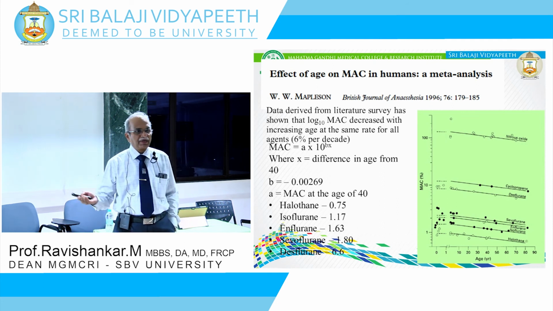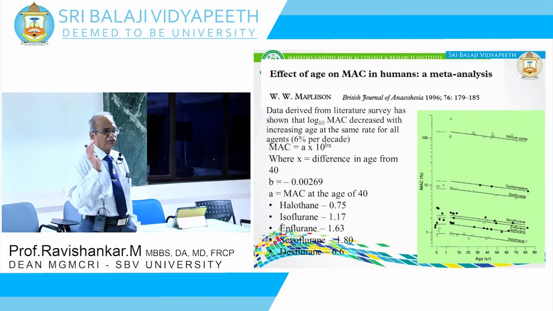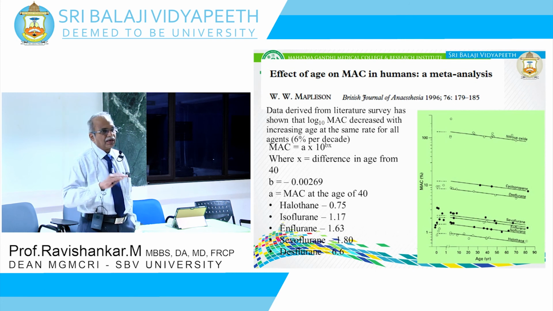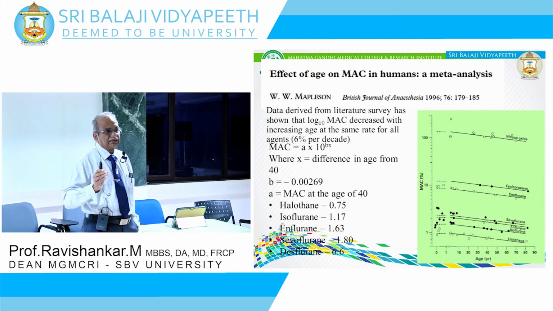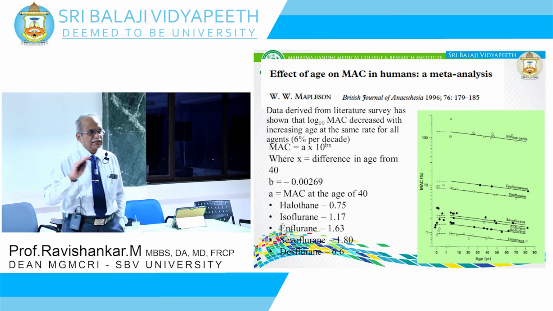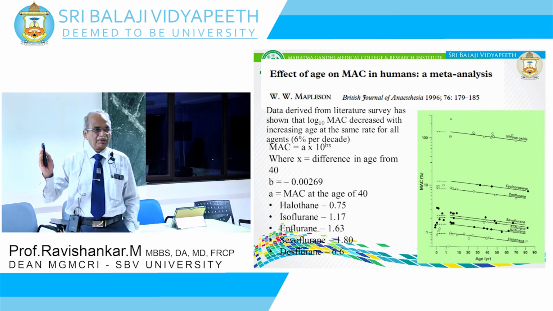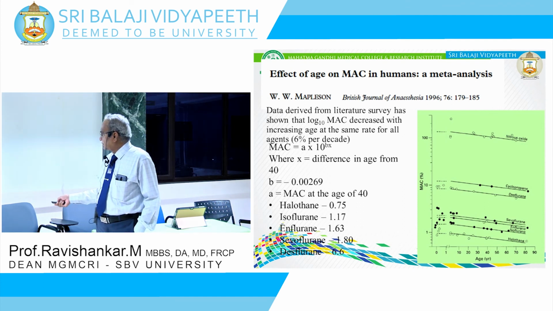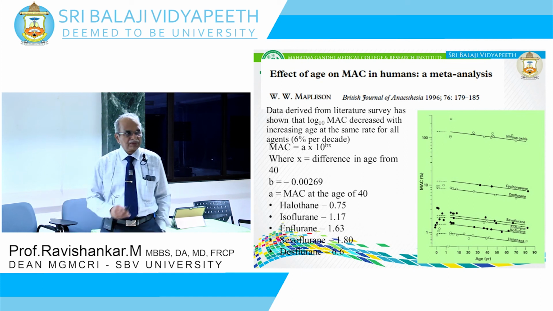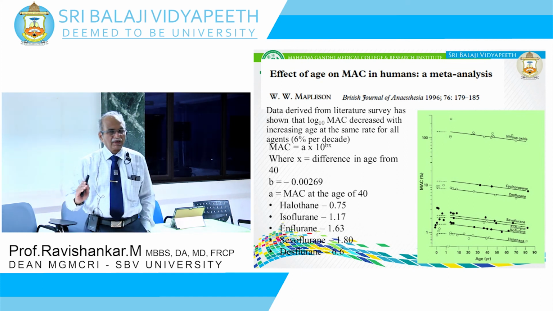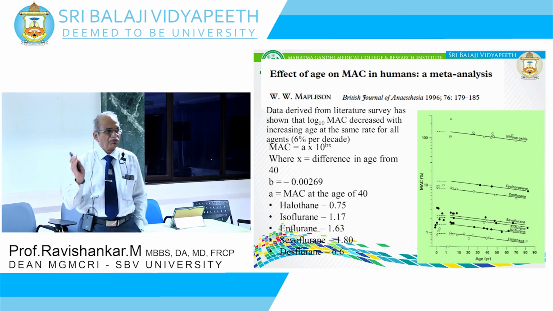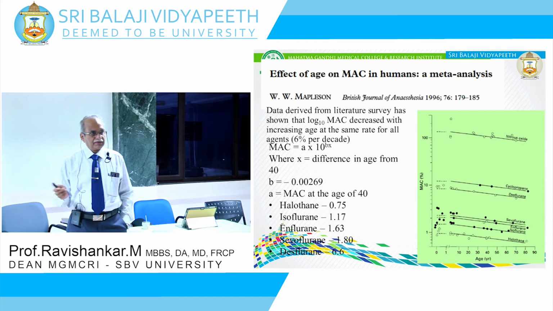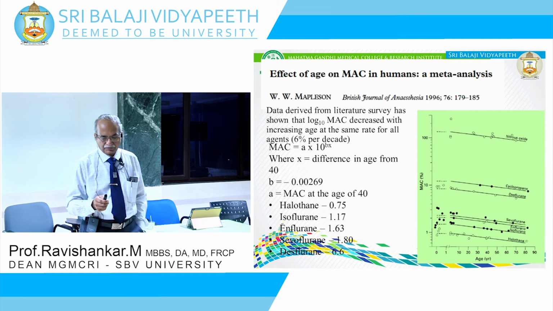The latest machines that are coming incorporate this formula: if you input the patient's age, it will compute the MAC for that age, and it is called age adjusted MAC. So if the person is 80 years old, it will automatically compute and tell you what MAC you have achieved, and likewise if it is 40. Not all the monitors do that, but a few monitors that have come recently incorporate it, and it is displayed as age adjusted MAC.